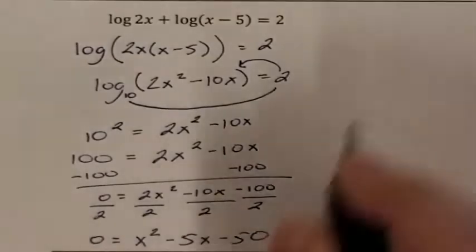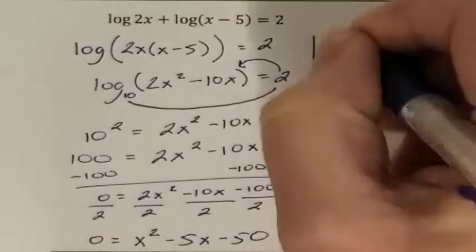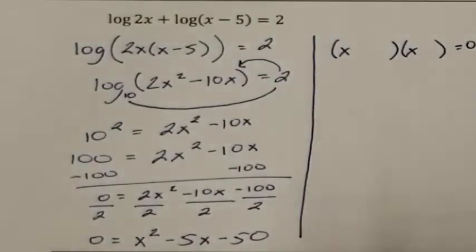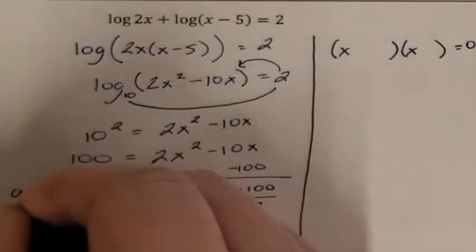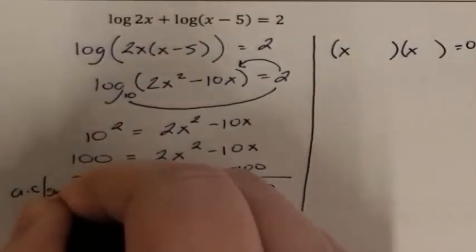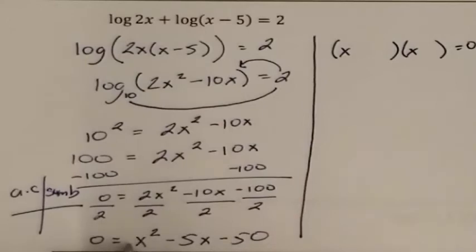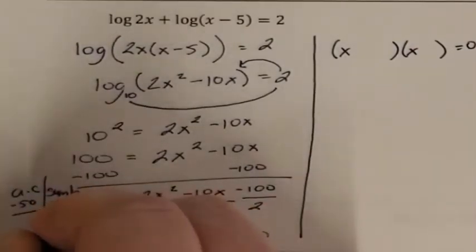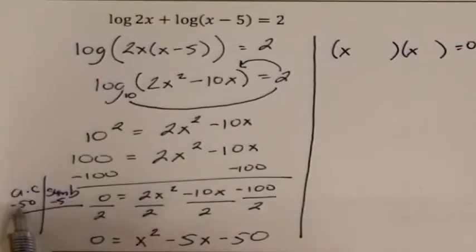And since a is 1, I can quickly factor it into a problem that looks like this and then solve. So I need my a times c, and those numbers better add up to b. A times c was negative 50, adding up to b, which is negative 5. What two numbers multiply to give me negative 50, but when I add them I get negative 5?